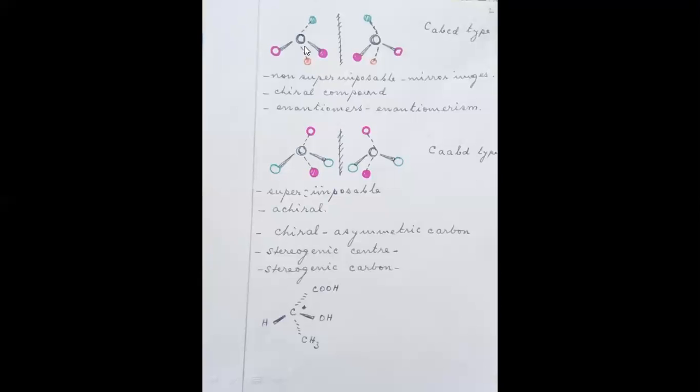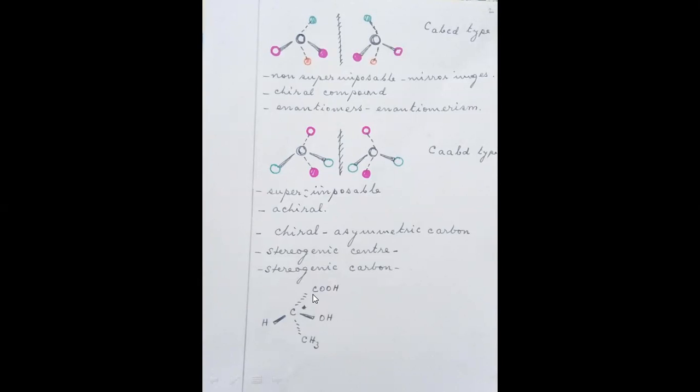But if you study the physical and the chemical characteristics of these two compounds, I have already told you these two compounds have the same molecular formula. If you want to write the molecular formula for this compound, what will it be?